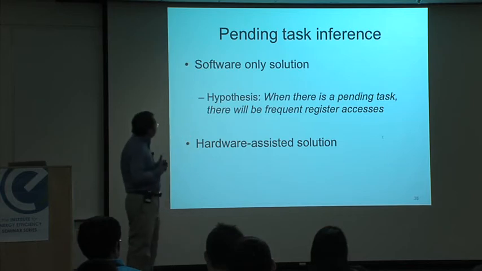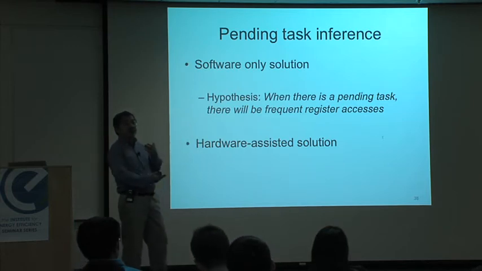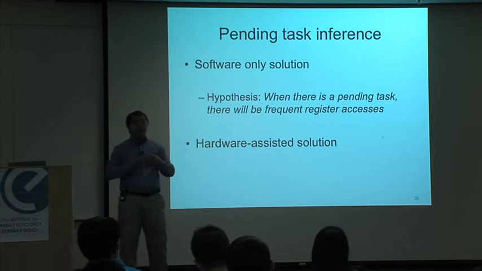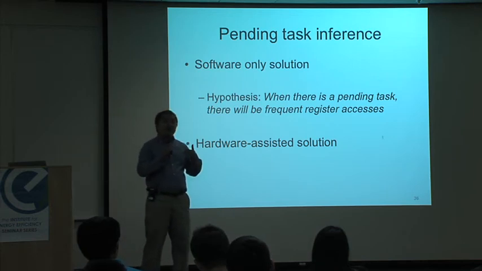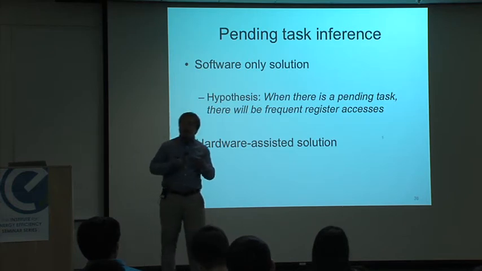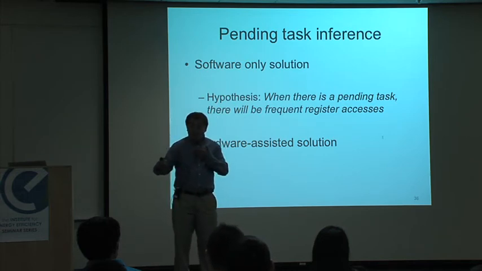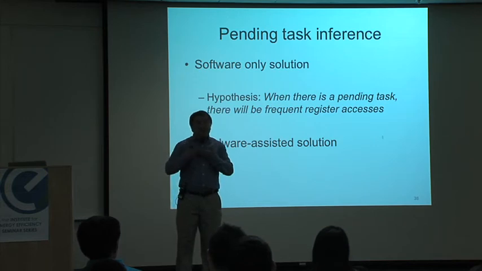The software solution is a hypothesis, and we'll revisit the hypothesis later on. It is that when there is a pending task, the registers of the module will be accessed frequently. That means if there's a task waiting for the module, or the module is working on something, the software is accessing the register frequently.